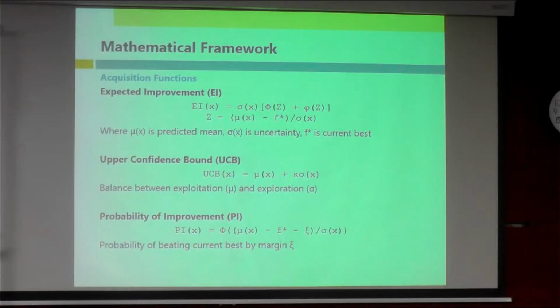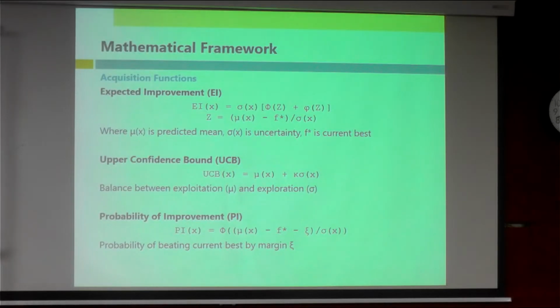This function balances the exploitation areas, where they predict high performance, with exploration areas where everything is uncertain. Then the upper confidence bound, or UCB, is a simpler but very effective approach. The parameter kappa controls the exploitation and exploration trade-off.